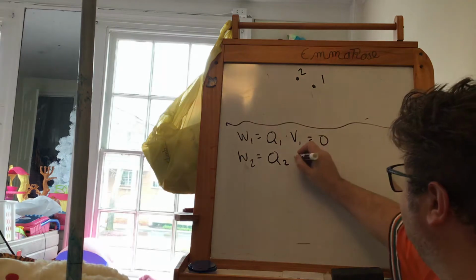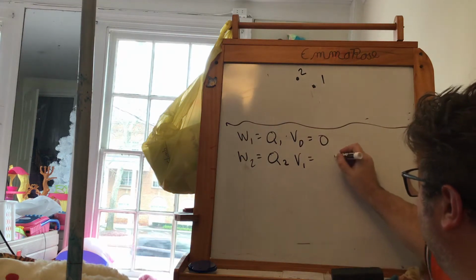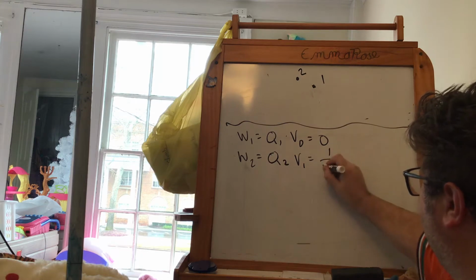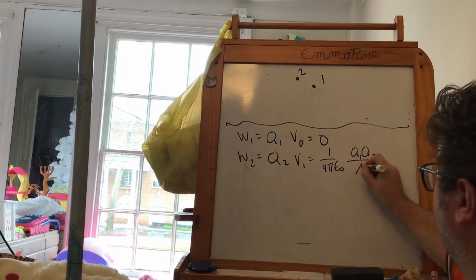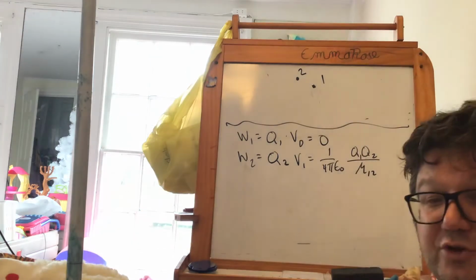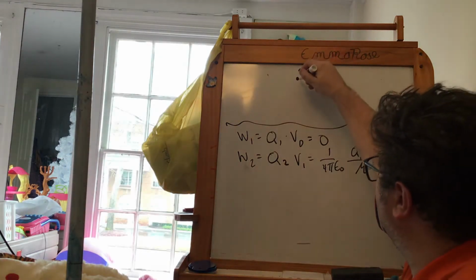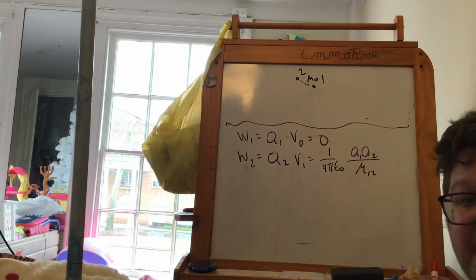So this is going to be V1, and this is going to be 1 over 4 pi epsilon naught Q1, Q2 over the distance between them, which is script r 1,2. Right? That's this distance here.